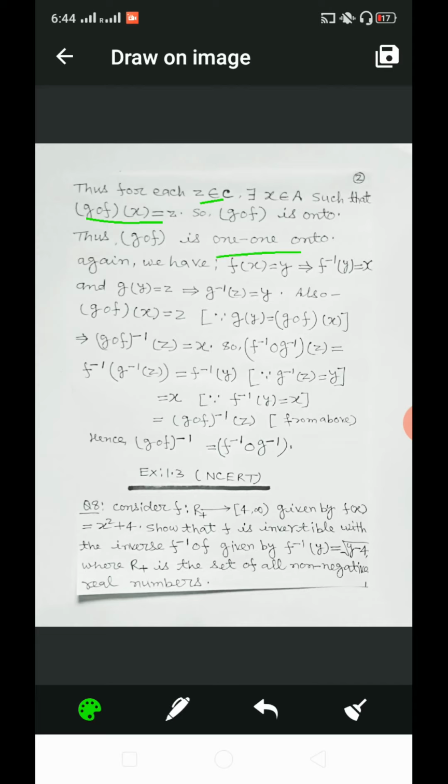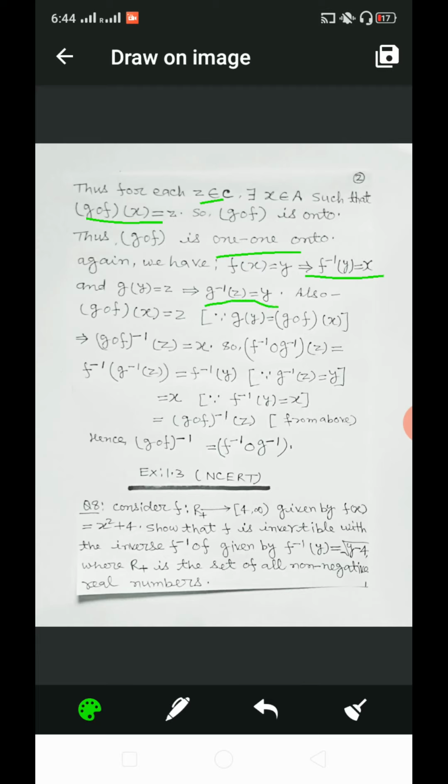Now, we will show that the inverse of g of f is equal to f inverse of g inverse. So, we have f(x) is equal to y implies that f inverse of y is equal to x, and g(y) is equal to z from above implies that g inverse of z is equal to y.